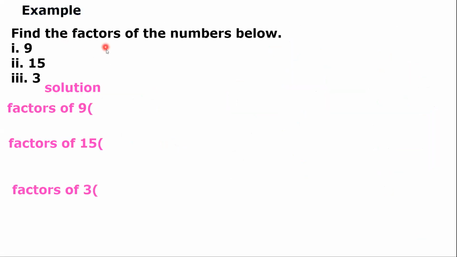Now, example 2. Find the factors of the numbers below: 9, 15, and 3. So we are going to find the factors of 9, factors of 15, and then factors of 3. So you first write your workings somewhere here. Workings, okay?